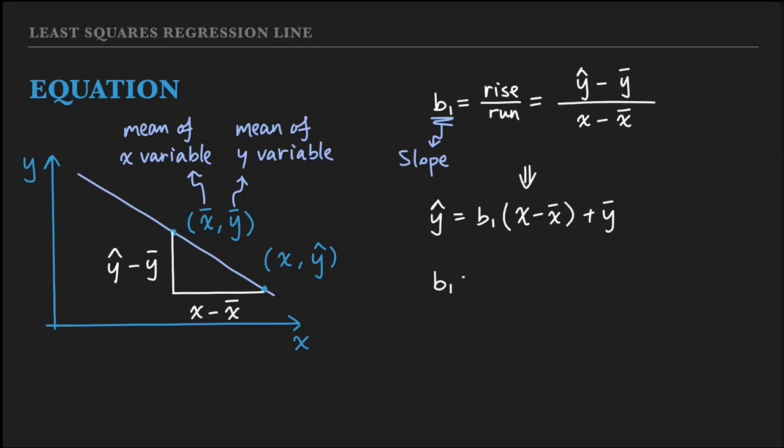On the other hand, the slope is also equal to r times the quotient of the standard deviation of the y variable divided by the standard deviation of the x variable. Combining these two, we can now find the equation by plugging in the information about the data.